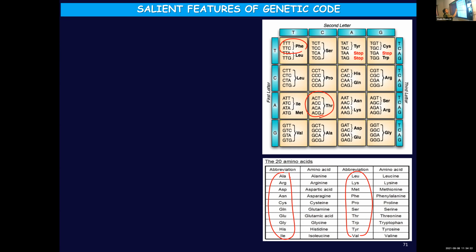Methionine has just one. For some, 2 codons, for some 4 codons. That differs. What you need to understand is that there is more than one codon for amino acids. It is not limited to just one, because we have 61 codons and only 20 amino acids.